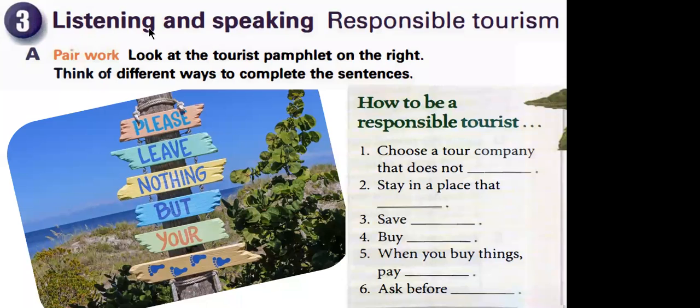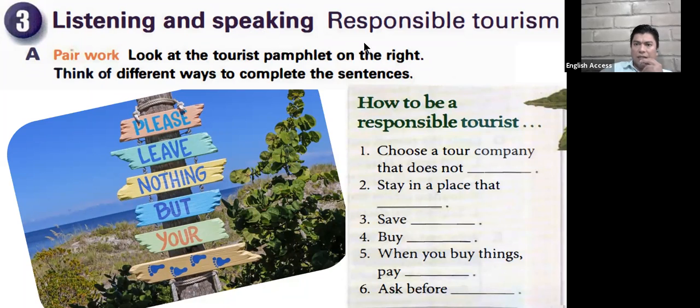Okay. Let's move on to the next activity, which is listening and speaking, responsible tourism. Look at the tourist pamphlet on the right. This pamphlet right here. Think of different ways to complete the sentences. Ladies, before we begin with the pamphlet, have you ever seen this type of signs on a touristic place?